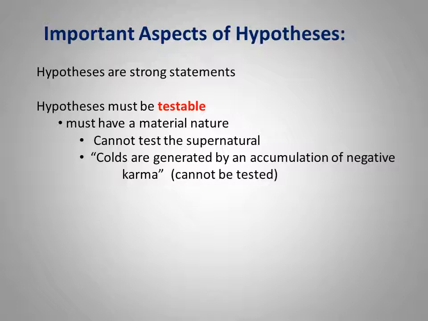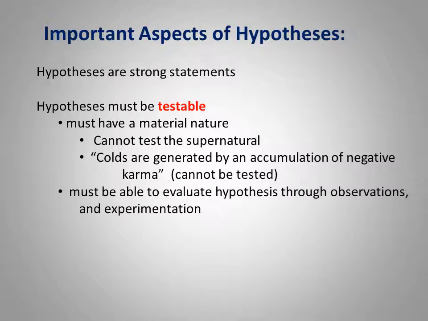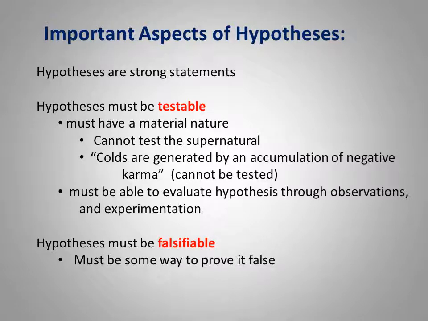Things such as colds are generated by an accumulation of negative karma. Those cannot be tested. You must be able to evaluate your hypothesis through observations and experimentation. So hypotheses must be strong statements. They must be testable. Lastly, hypotheses must be falsifiable. There has to be a way to prove whether or not it is.